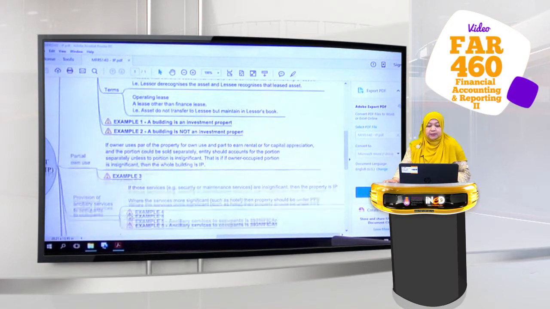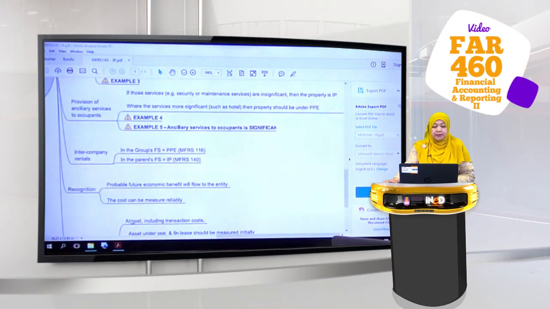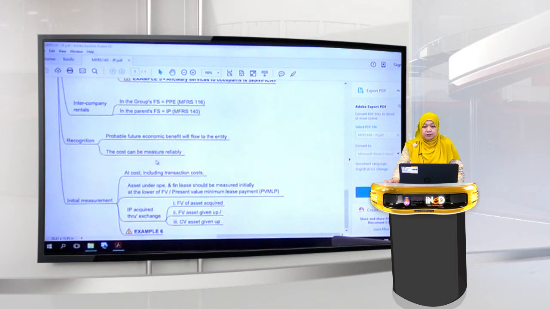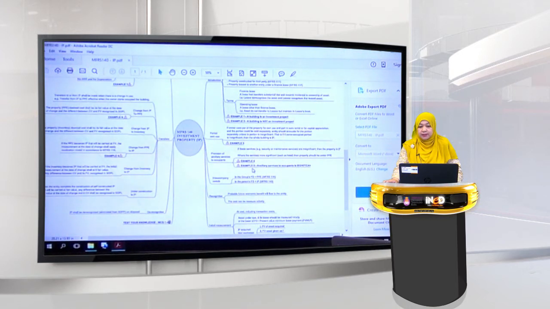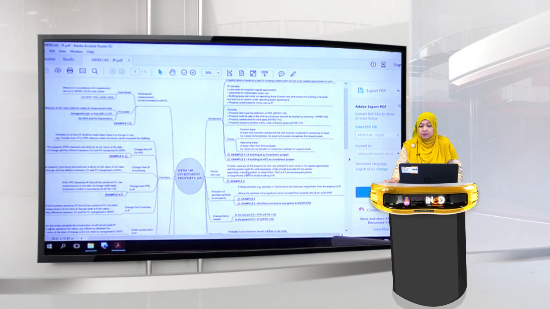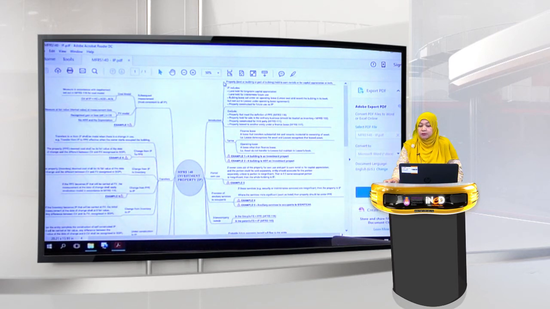So we have completed MFRS 140. If you go through briefly what we have done today, we have learned what the definition of property is under MFRS 140.